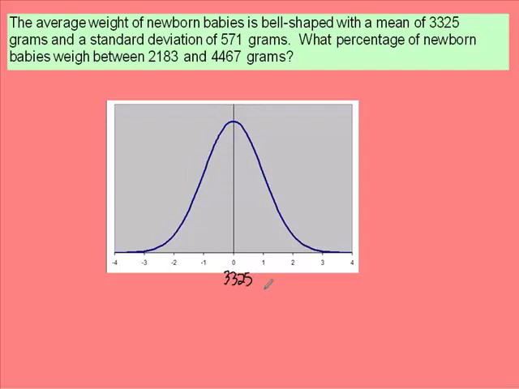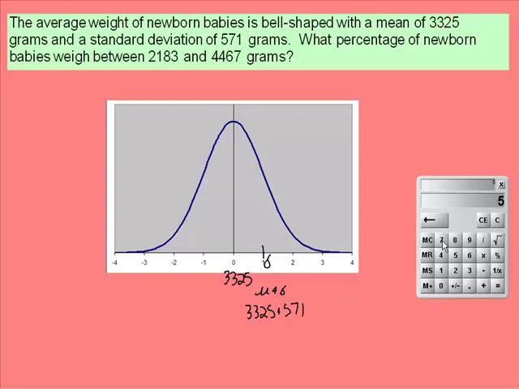3,325. If I go one standard deviation above, I'm adding one standard deviation. So I would have mean plus one standard deviation. 3,325 for the mean, plus 571 for the standard deviation.